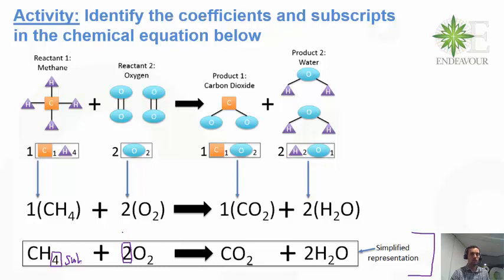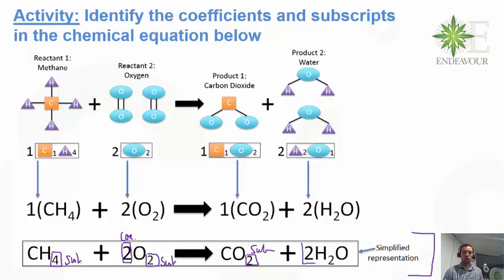This 2 is actually a coefficient, telling us the number of oxygen molecules present. So we've got 2 lots of the oxygen molecule present, and each molecule contains 2 oxygen atoms, as shown by this subscript here of 2. There are also 2 oxygen atoms within the CO2 molecule, so we've got another subscript there.